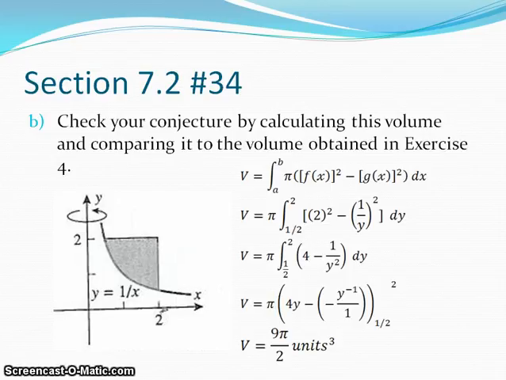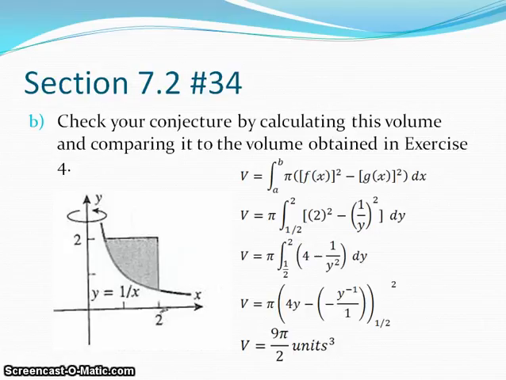But in this case, since the graph is revolving about the y-axis, you have to replace x with y. So the equation is pi times the integral from 1/2 to 2 of 2 squared minus (1 over y) squared with respect to y.